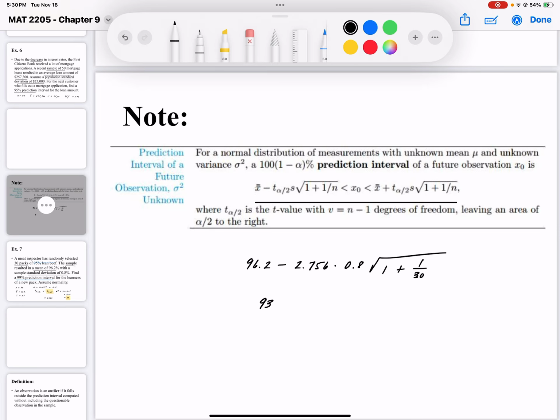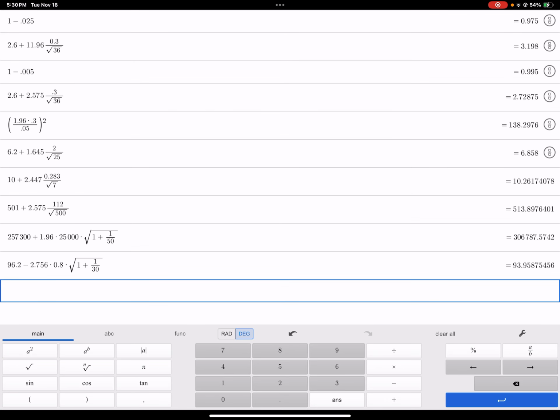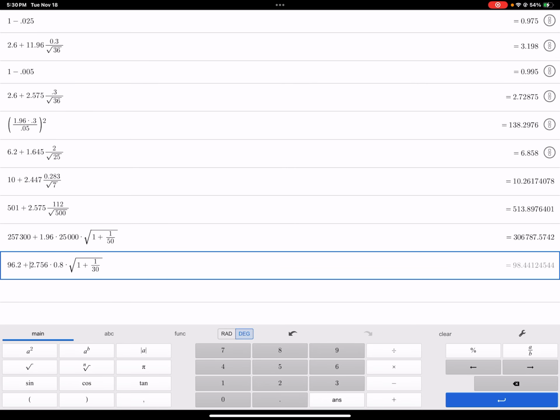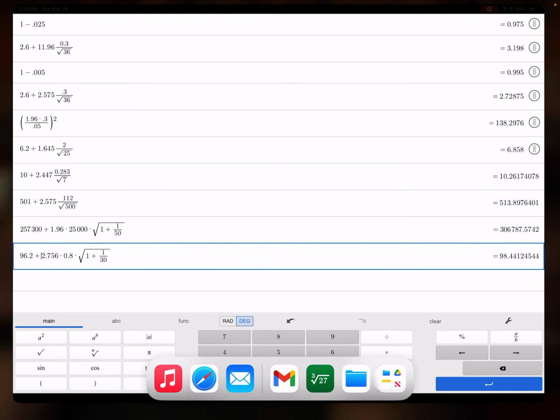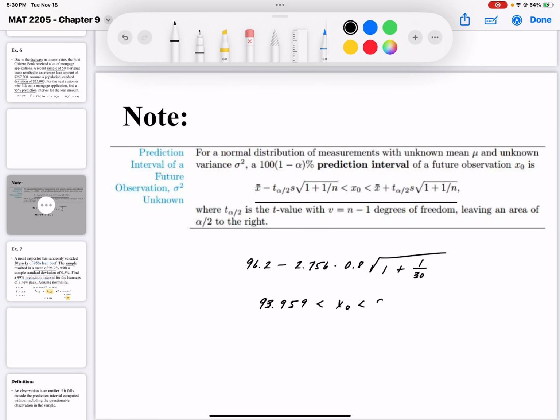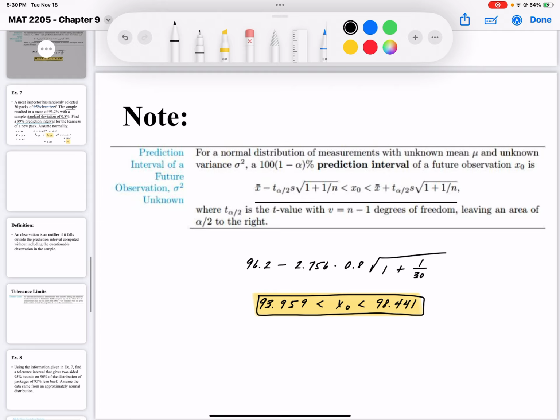And we are expecting our upper bound to be 98.441. And this is our next interval. Keep in mind, this is for the problem below, but I'm just doing it so that you can see the formula that I'm using and understand where that's coming from.